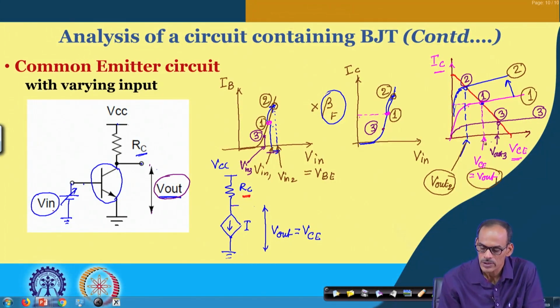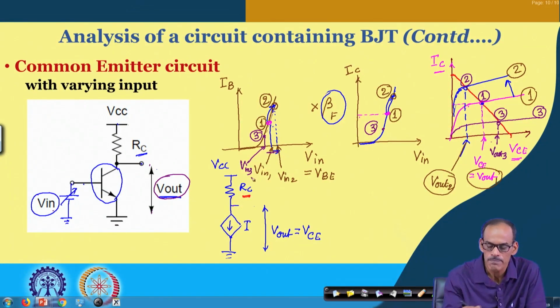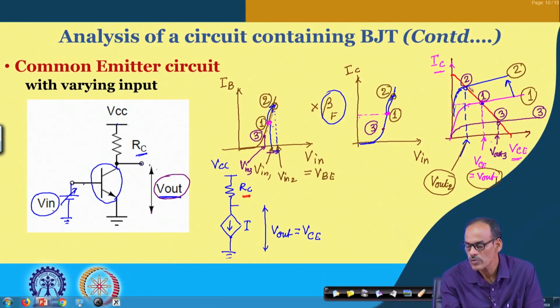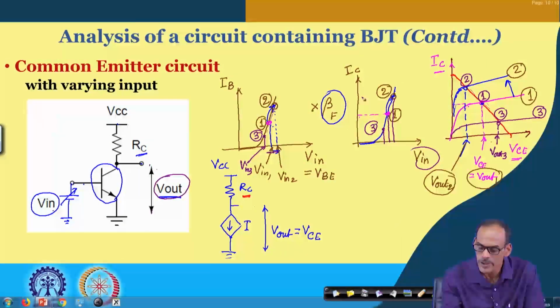In fact, it is related to the slope of this line and the slope of the load line. In other words, if I vary this V in and create the corresponding change in I c.